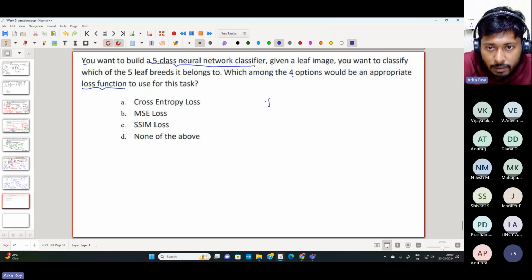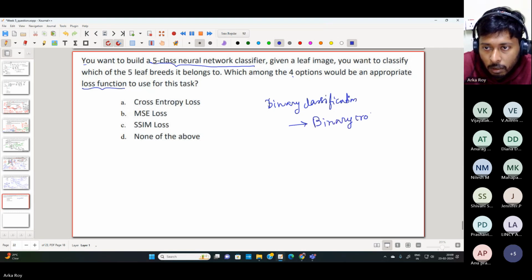In case of binary classification, we use binary cross entropy. And in case of multi-class classification, what do we use?